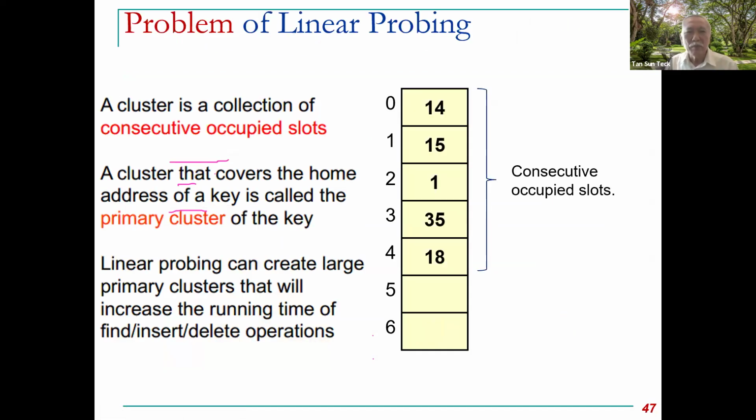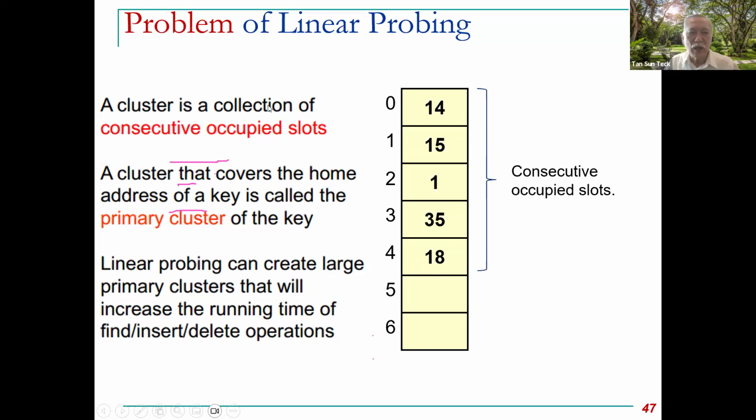Right. Then the problem of linear probing. By adding all those things that we have done previously, we see that all the numbers are clustered around the home address of some numbers. For example, 15 is inserted later. For example, 1: the home address of 1 is actually 1, but it is put into 2. So all these numbers are clustered together.